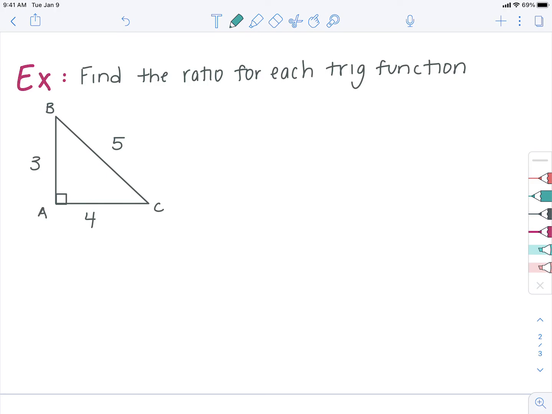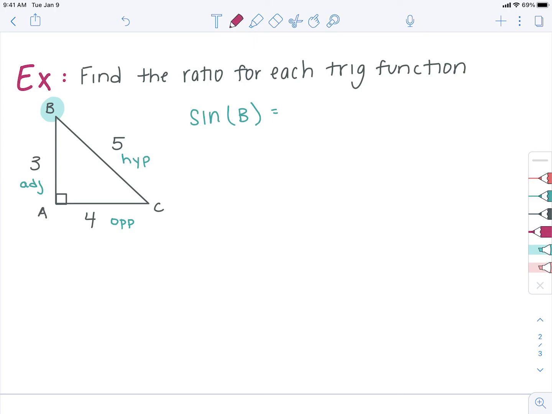And they're going to ask you to find the ratio. So now, if I ask you to find the sine of angle B, they're telling you this is the angle we're looking at, which means the opposite side is the 4, the adjacent side is the 3, the hypotenuse is the 5, and I like to always go in and label them.